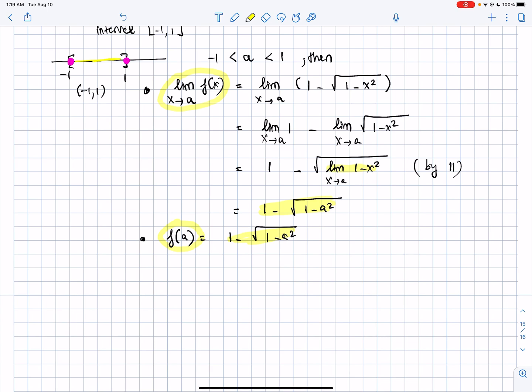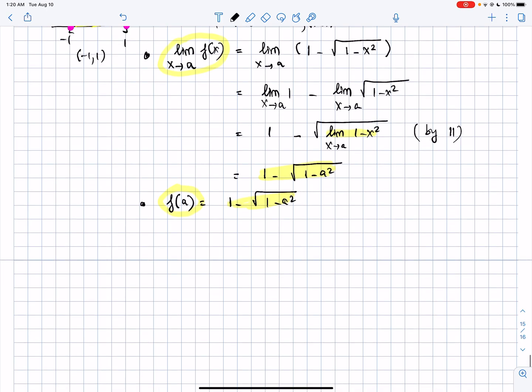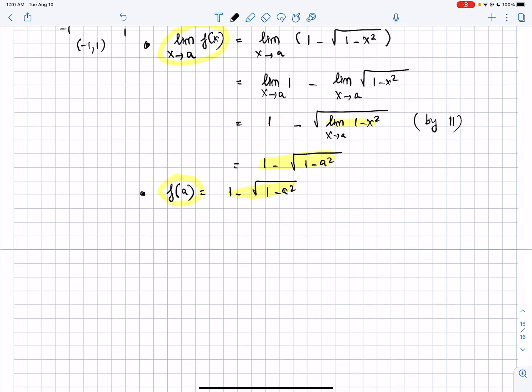And the function is defined on the interval from -1 to 1, for a in that interval, so it's defined at a. So by the definition of continuity, we can say that f of x is continuous at a.